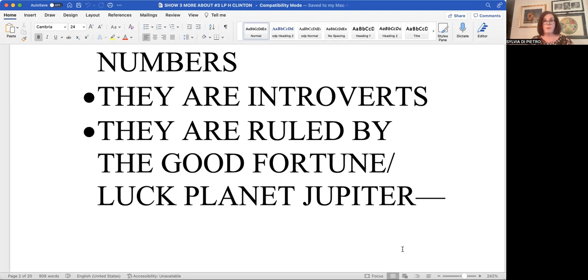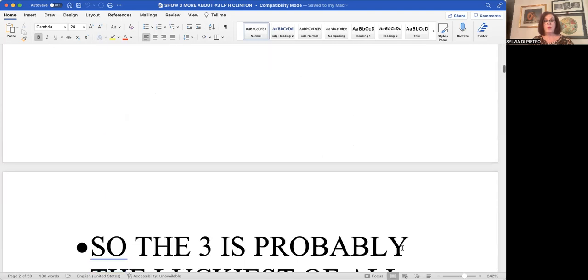Your master numbers, 2 plus 2 in the 22 master number becomes an extroverted number. The 33 master number, 3 plus 3, even though it's an introverted number, becomes an extroverted number. The 44 master number, when it shows up, is made of 2 4s, which are extroverted numbers, becomes a 44-8 extroverted number.